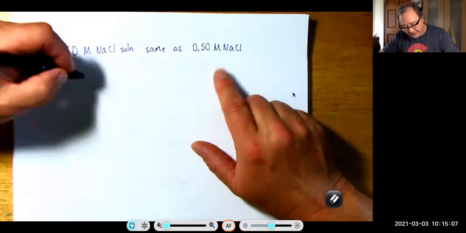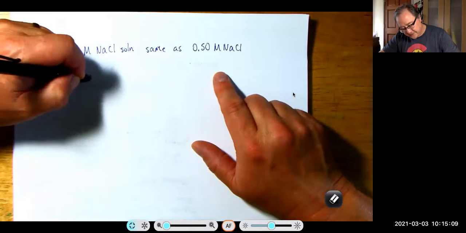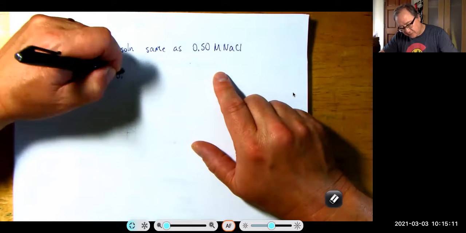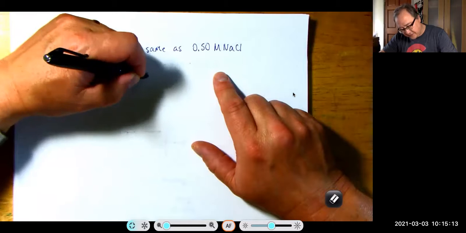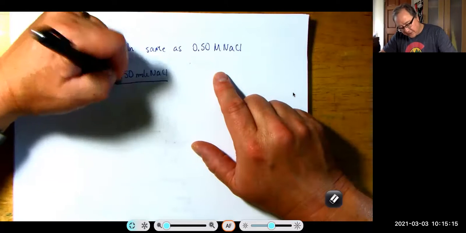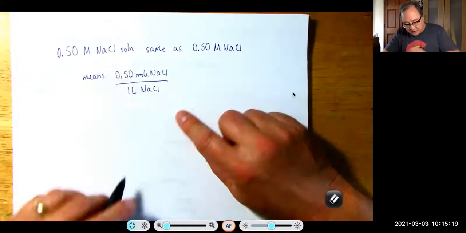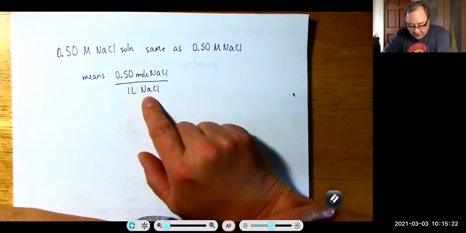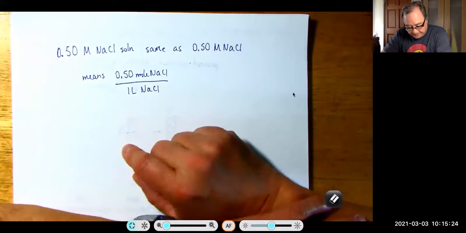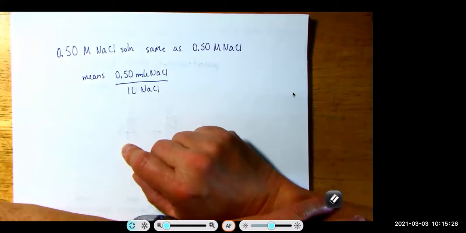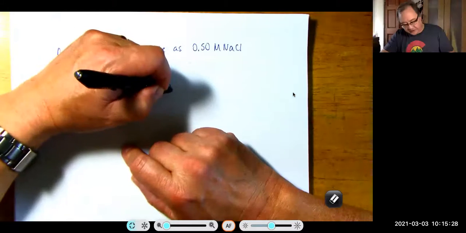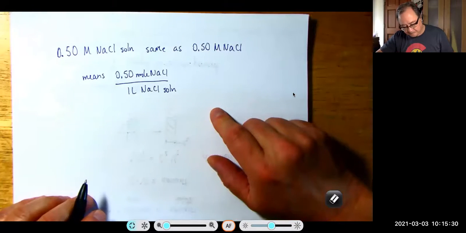So what this means is 0.50 moles of NaCl per 1 liter of solution, but I'm going to put NaCl instead of solution. So when you see a volume in front of something like this, that volume refers to the solution. So I have been taken to doing this lately just to be a little more clear.